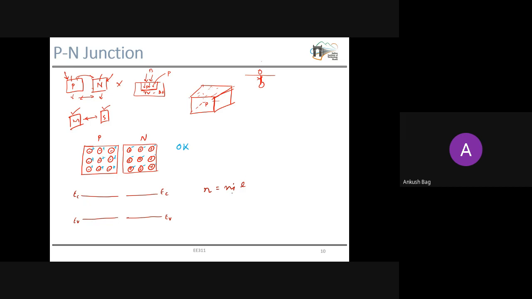As we derived previously, this is EF minus EI in case of N-type semiconductor, and similarly in case of P-type semiconductor, it will be EI minus EF.